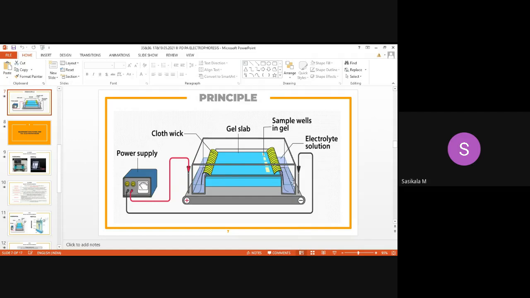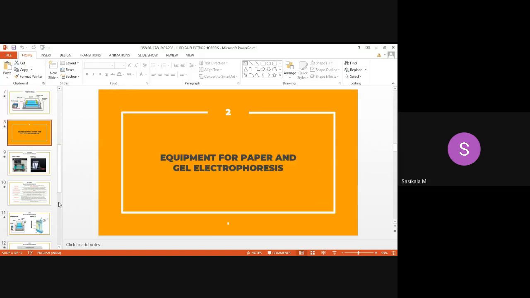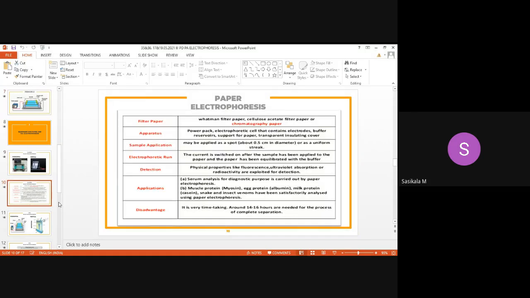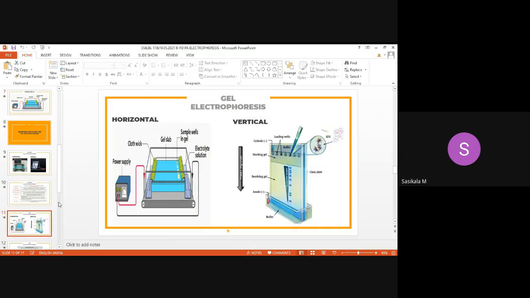After applying electricity, the sample gets separated over the gel. Compared with paper electrophoresis, gel electrophoresis is commonly used for clinical sample separation, but you need to know the concepts behind both.